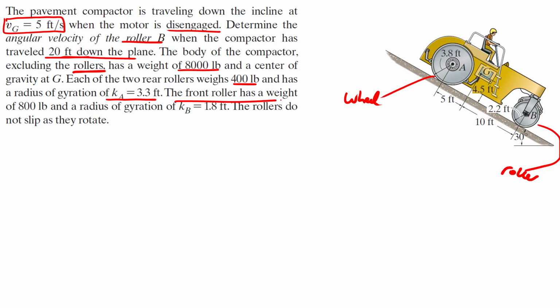The front roller has a weight of 800, again with a radius of gyration of 1.8 feet. They do not slip as they rotate. This is the question. Let's call this one a roller as well, roller A, roller B.